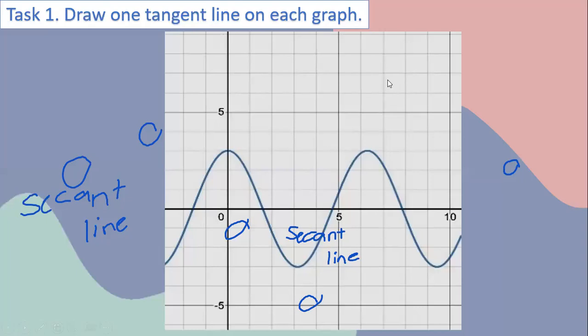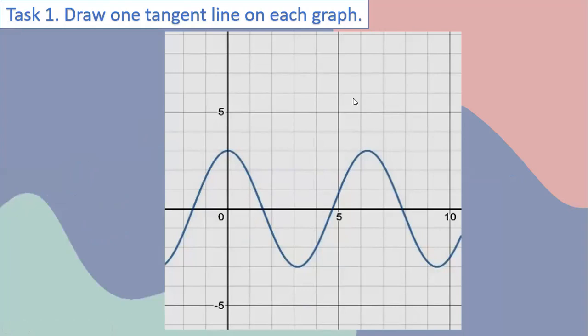So now for our first task, we will be drawing one tangent line on each graph I will be showing. Maraming possible na tangent line sa ating curve. Again, basta tinatouch or ini-intersect lang niya yung graph at only one point. So for example, one tangent line to this curve is this.